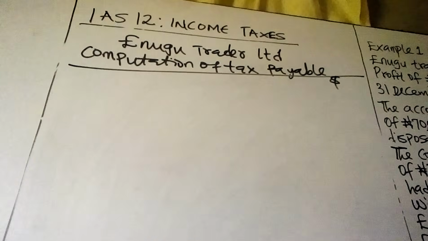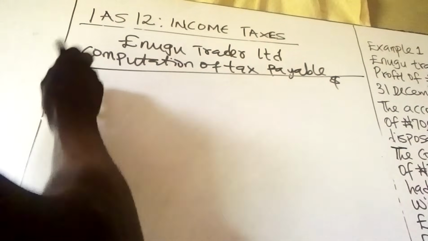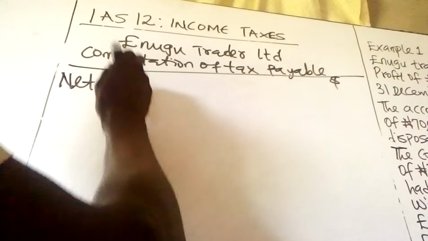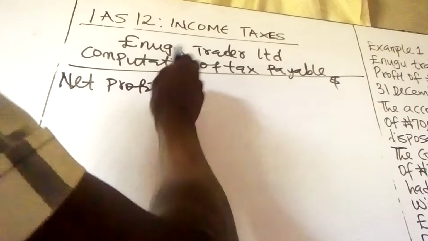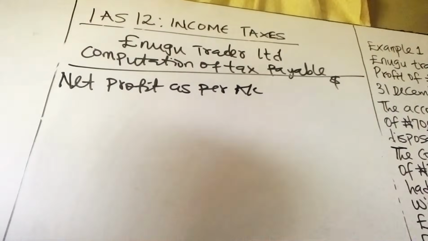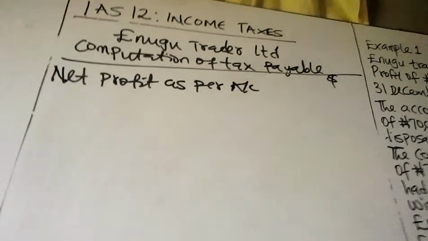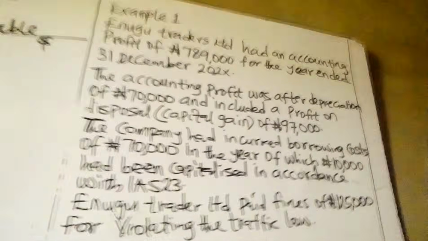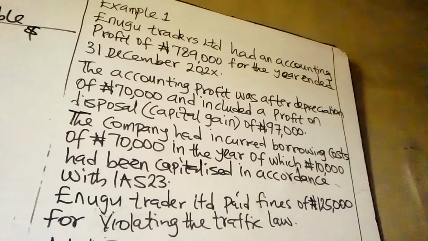Then you start with the accounting profit, that is the net profit as per account. How much is the net profit in the account?